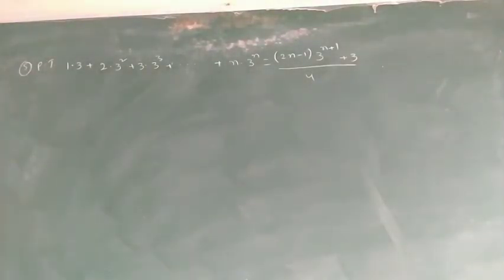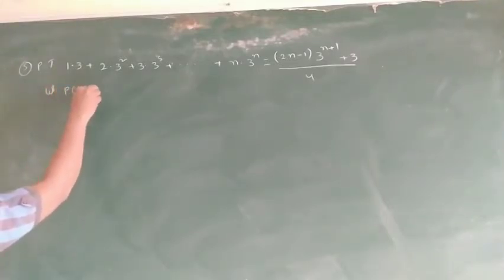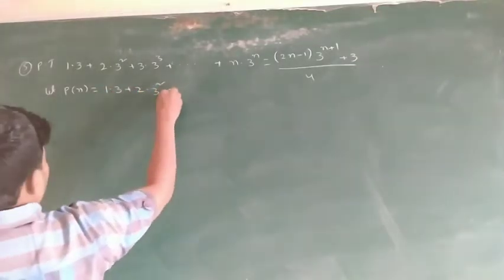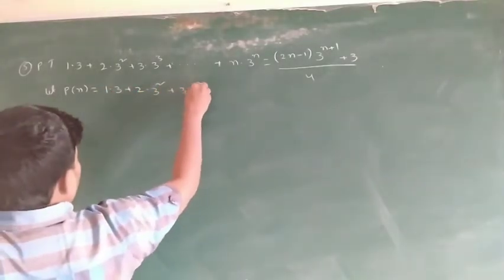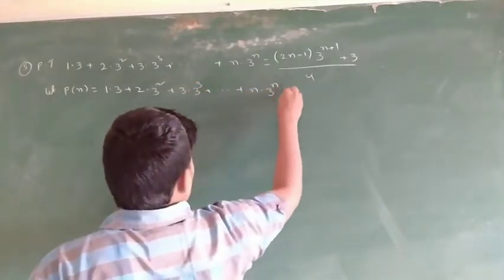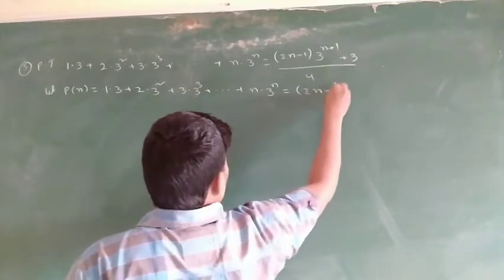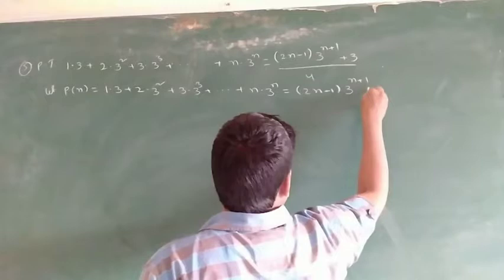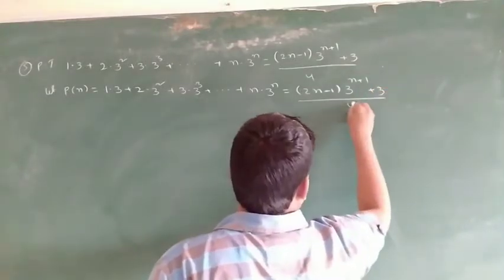First step, let P(n) be 1 into 3 plus 2 into 3 square plus 3 into 3 cube plus and so on, n into 3 power n, is equal to (2n minus 1) into 3 power n plus 1, plus 3 by 4.